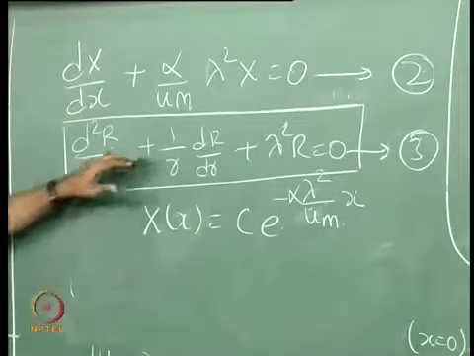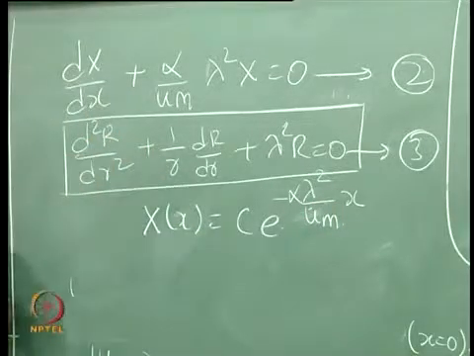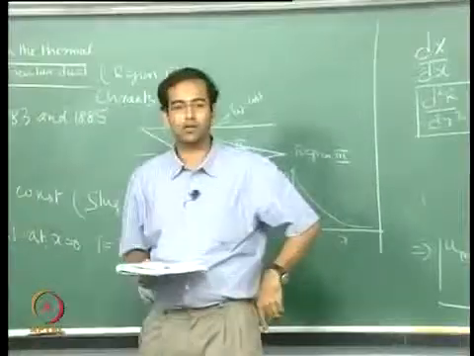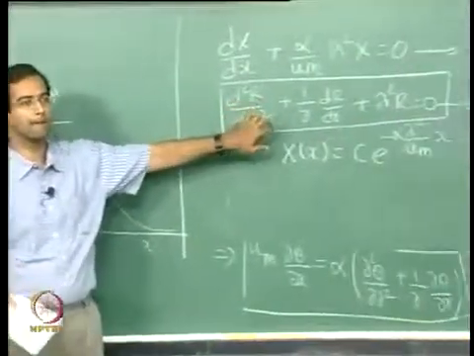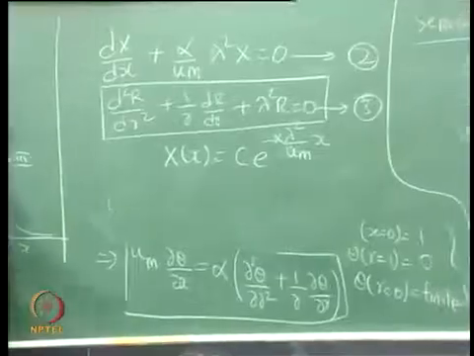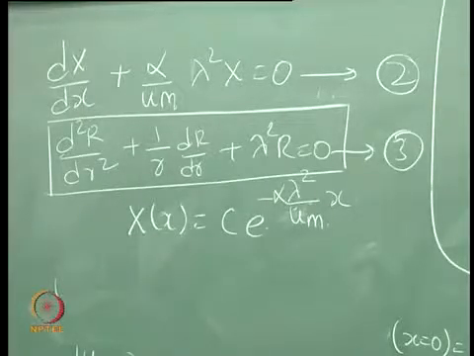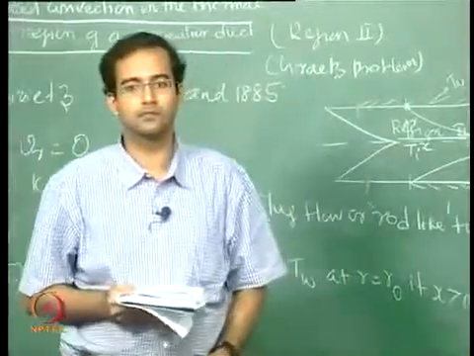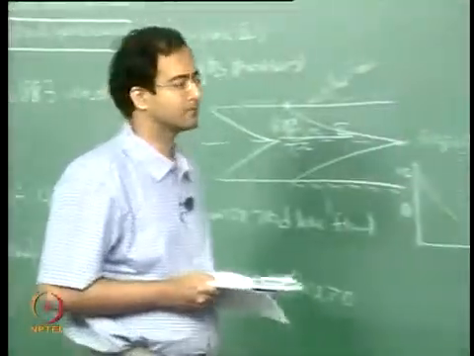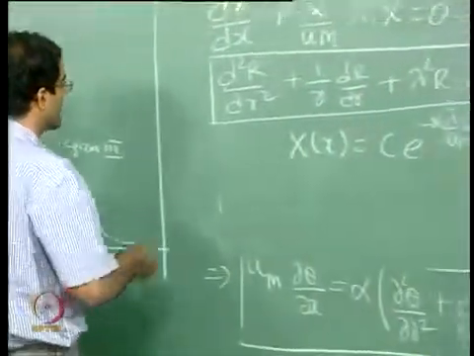So how do I solve this ODE? Now that is the question. Anybody can recognize what kind of an equation is this? I think in heat transfer I have taught. So this is called a Bessel equation.